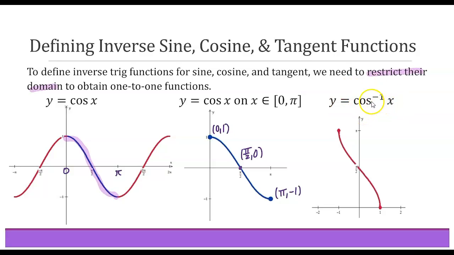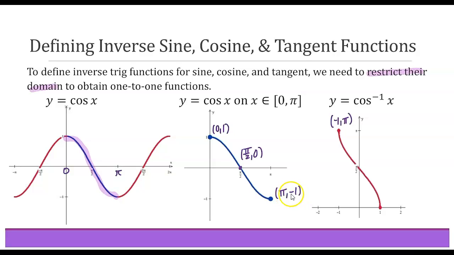On the far right, this is the graph of cosine inverse of x. If I focus on a few key points, I can see this coordinate point up here: I go to the left 1, negative 1, and up pi. So this coordinate point is negative 1, pi.